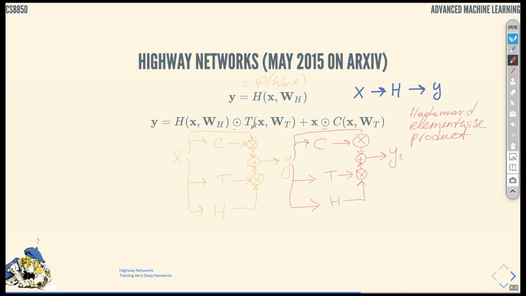So let's look at what the gates are. Each gate is necessarily a sigmoid nonlinearity after a transformation, for the transfer gate and for the carry gate. Notice a typo here: they're different.